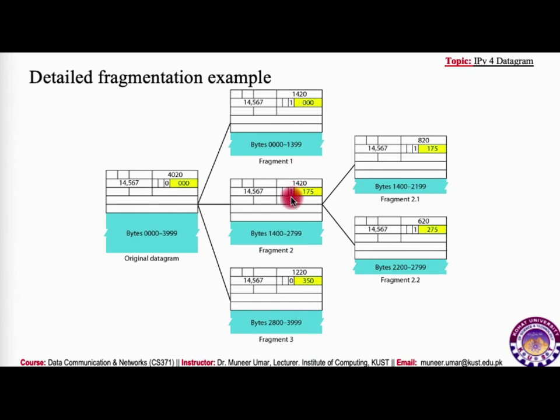Here we have 1, here we have 1, and this one is 0. So it means more fragments, and last fragment. Also, the value of the offset field is shown. We calculated these three offsets in the previous slide. Note that although the fragments arrived out of order at the destination, they can be correctly reassembled due to these values.